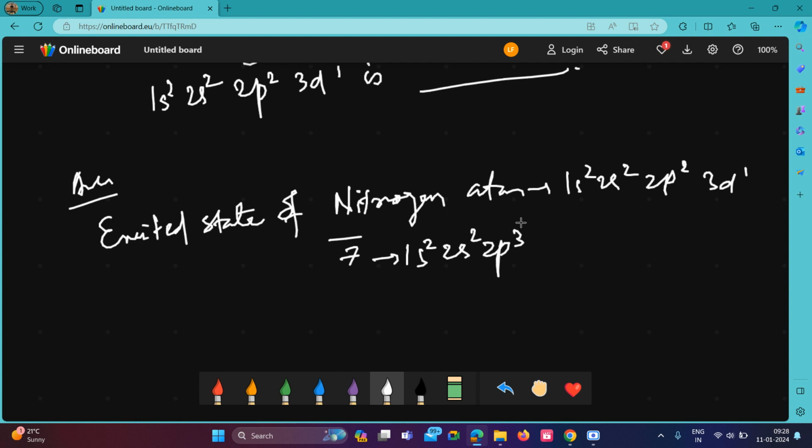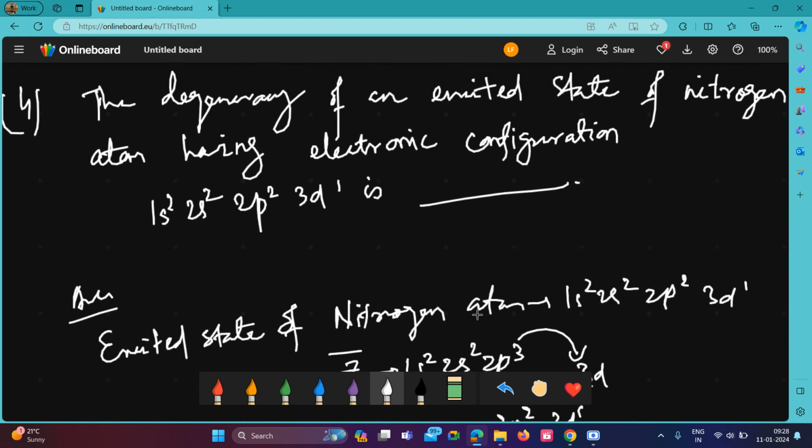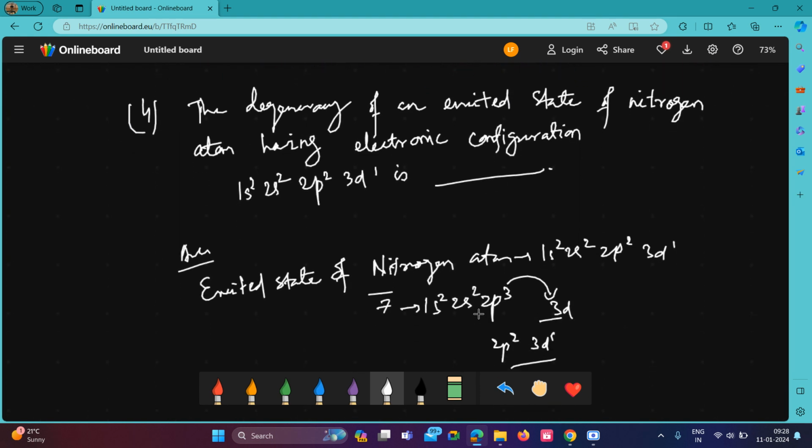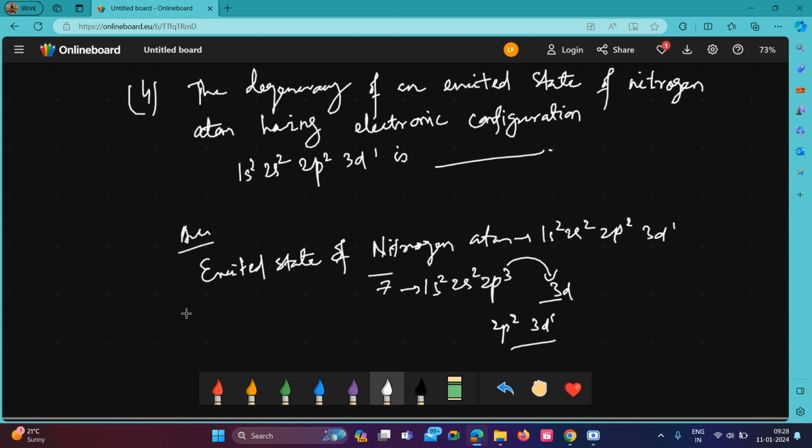In the excited state, one electron went to the next state, 3d. So it becomes 2p2 and 3d1. What is the question? Degeneracy of an excited state of nitrogen atom having this electronic configuration.